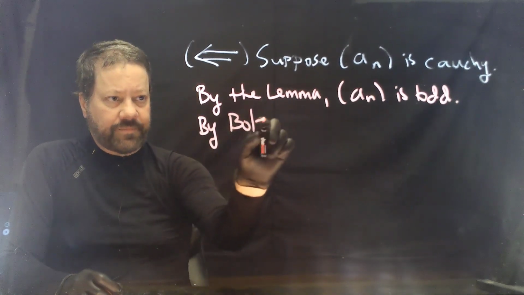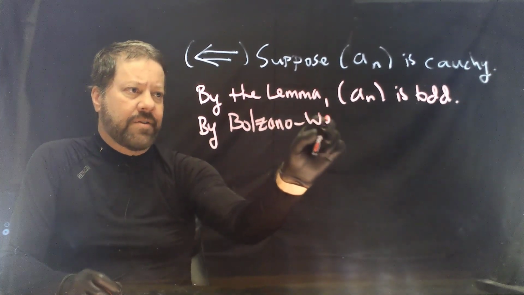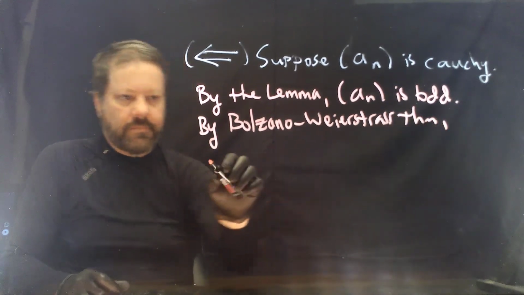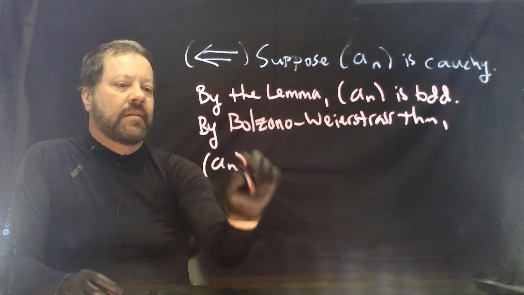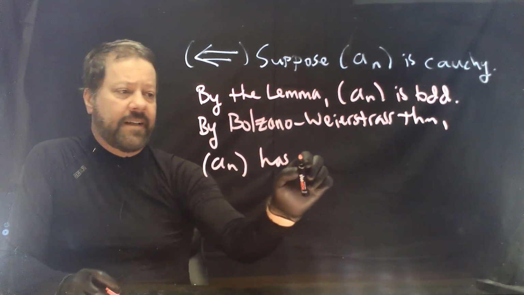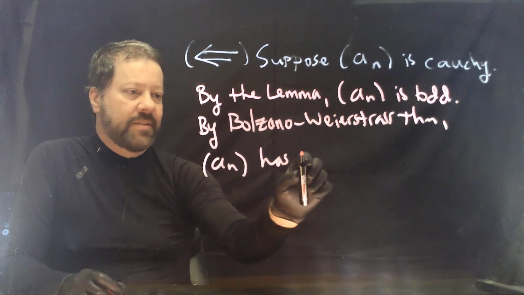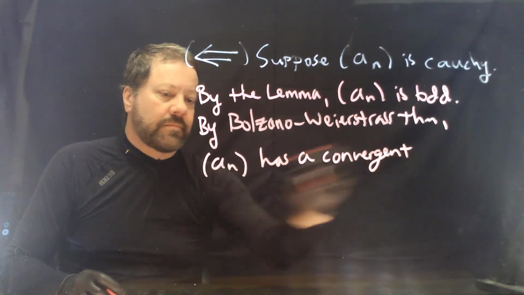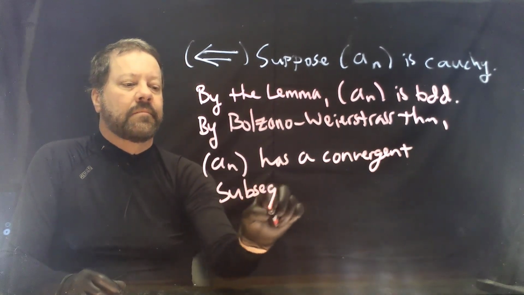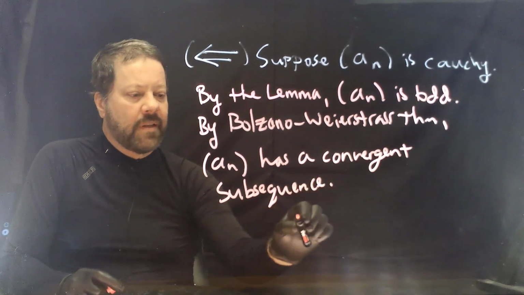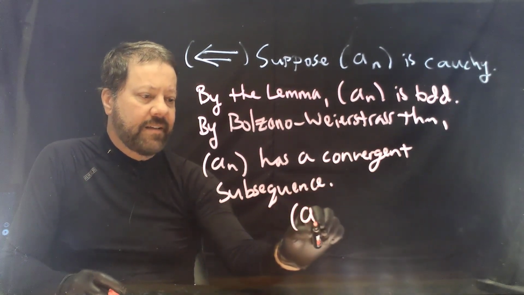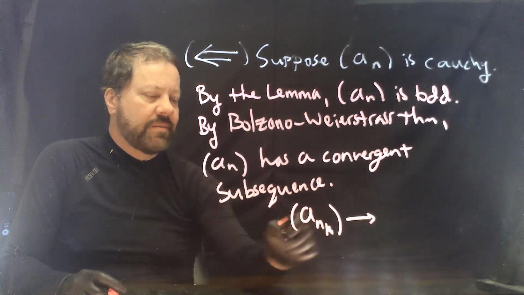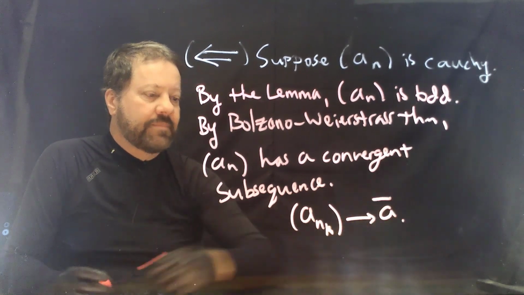So by the Bolzano-Weierstrass theorem, this must in fact have a convergent subsequence. So we'll suppose that we have a_(n_k), and this sequence will converge to, say, a bar.